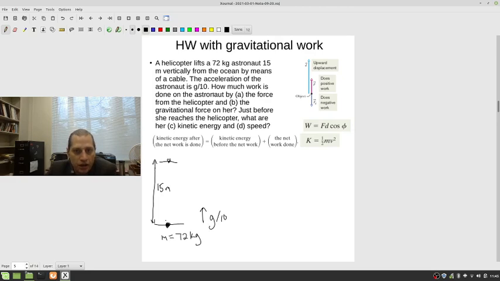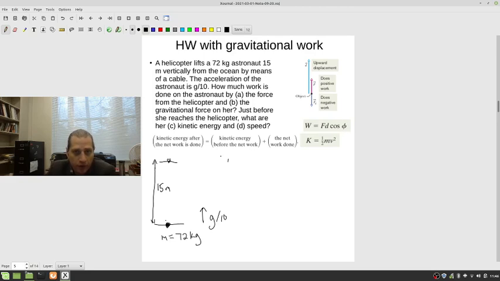The question asks, how much work is done on the astronaut by A, the force of the helicopter, and B, the gravitational force on her? Okay, now, let's think about it. If we wanted to find out the work, we're going to have to take the force times the distance times the cosine of the angle.